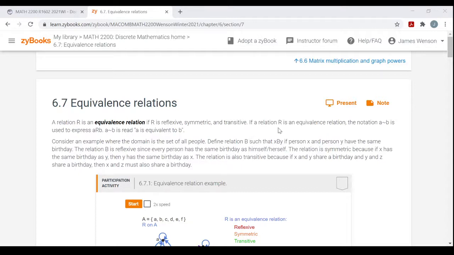If a relation R is an equivalence relation, then the notation A tilde B, like A with a little squiggly line between A and B, is used to express A is related to B. So this is what we've been used to seeing in previous sections, right? A R B or A S B or whatever the name of the relation was between the two elements.